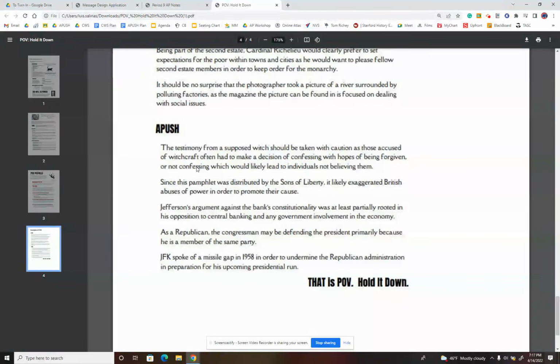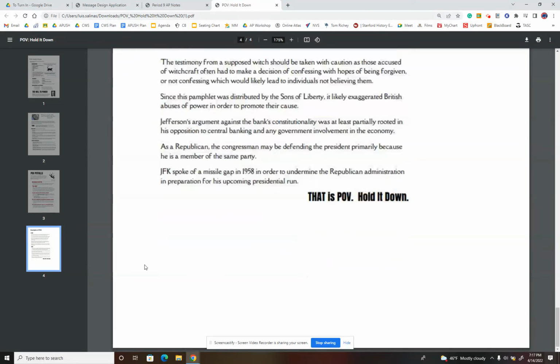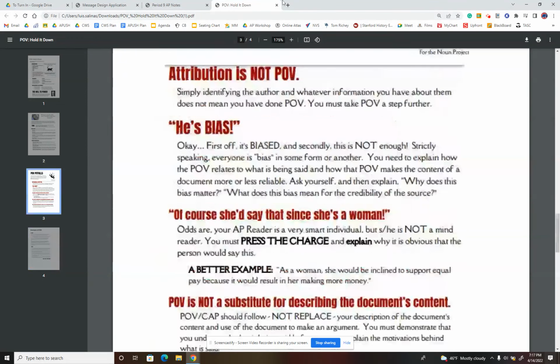So this one reads: the testimony from a supposed witch should be taken with caution, as those accused of witchcraft often had to make a decision of confessing with hopes of being forgiven, or not confessing, which would likely lead individuals to not believe in them. So this is clearly seeing the point of view given the context of the Salem witch trials. And so there are other examples there as well.